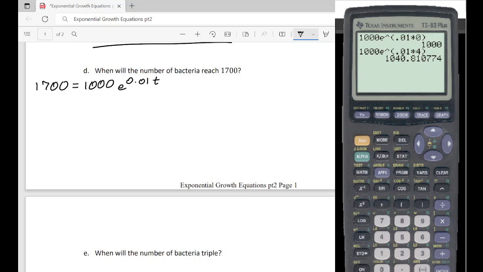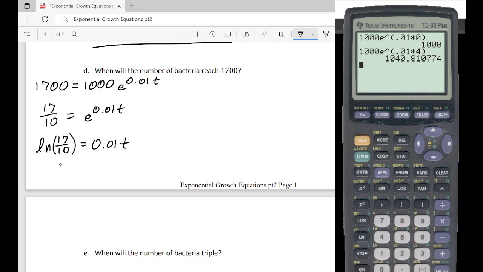We're going to divide 1000 over and simplify, and that's going to be 17/10 = e^(0.01t). Take the natural log of both sides and get ln(17/10) = 0.01t, because ln e is just going to go away.